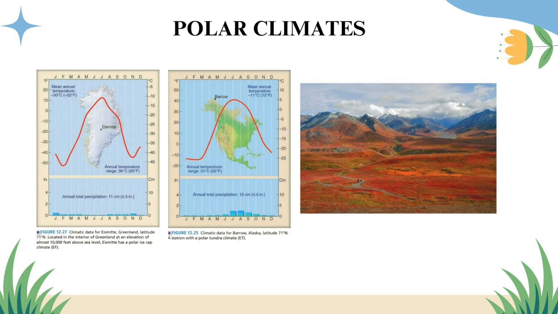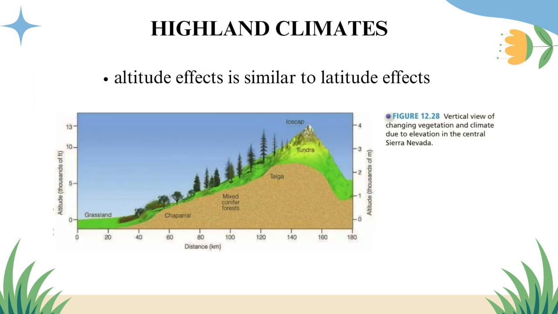Vegetation is limited here; mosses, lichens, and dwarf shrubs can be found in tundra zones. So another climate graph shows very low temperatures, rarely rising above freezing. So the precipitation is minimal here, and the red temperature lines remain mostly below 0 degrees Celsius throughout the year. And last but not the least, we have the highland climates.